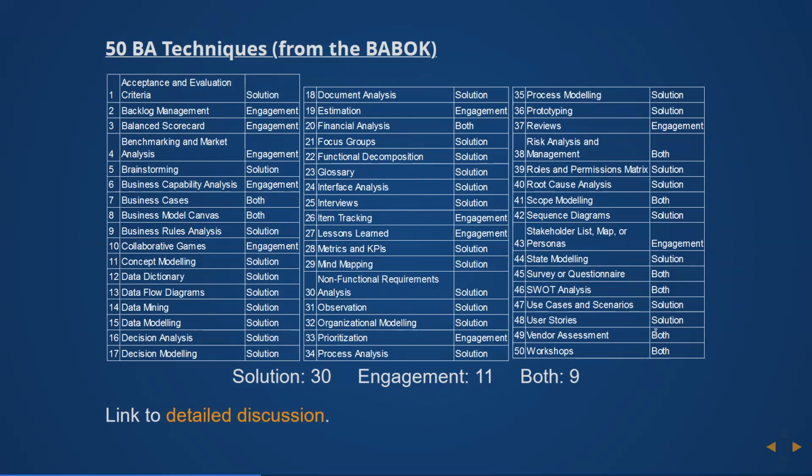So, here are 50 techniques from the Babok. The way I broke it down is there are 30 that are primarily devoted to working out the solution for the customer, 11 that are primarily about managing the engagement itself, and another 9 that could serve in both cases.